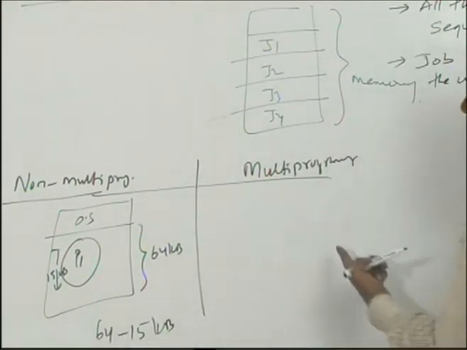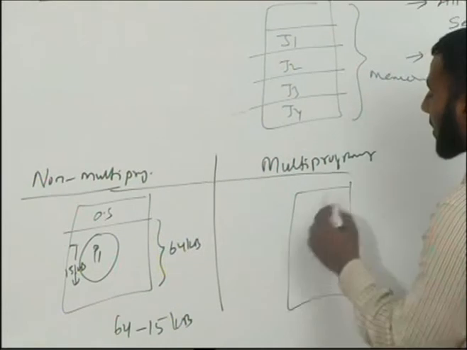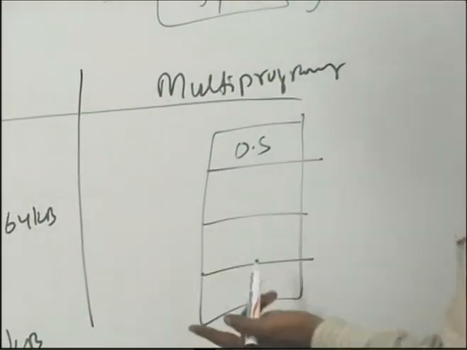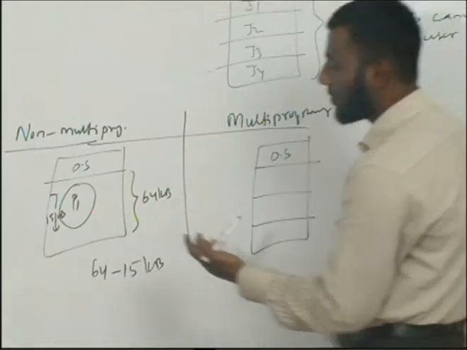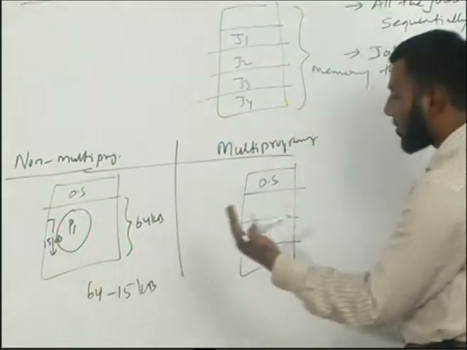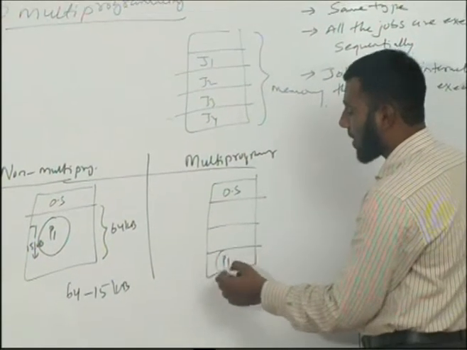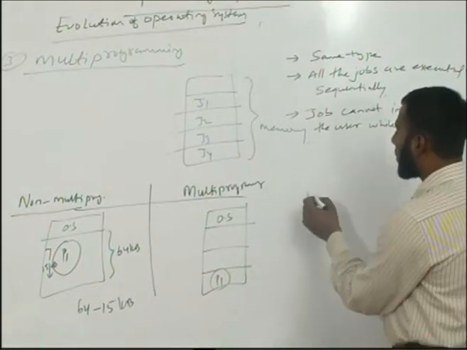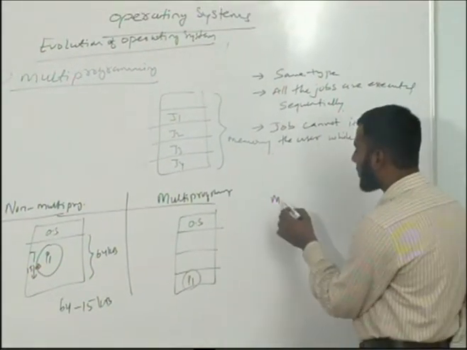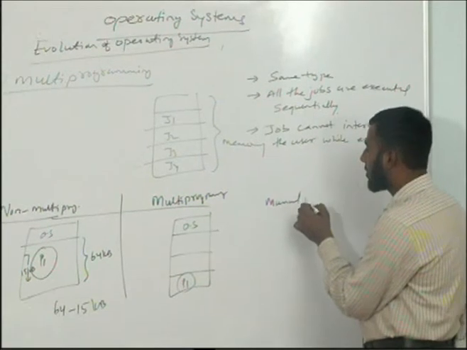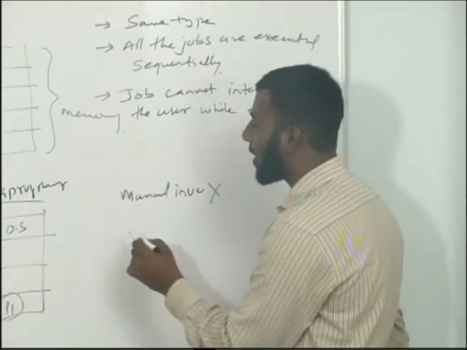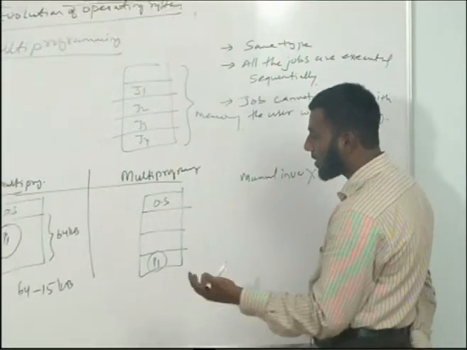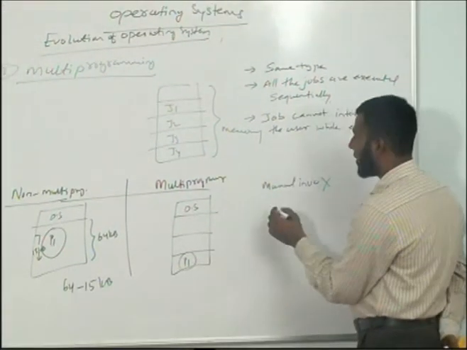Whereas in multi-programming, the same memory can be divided into multiple partitions, and depending upon the size of the partition, the operating system will load a process and accommodate it into the appropriate partition, in order to efficiently utilize these resources. Here, we overcome the manual intervention. There is no manual intervention, and we are, to a degree, successful in utilizing the CPU idle time.